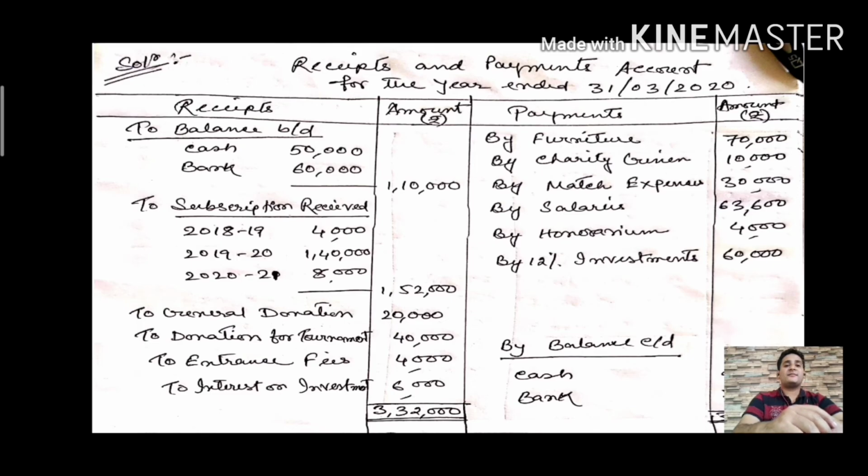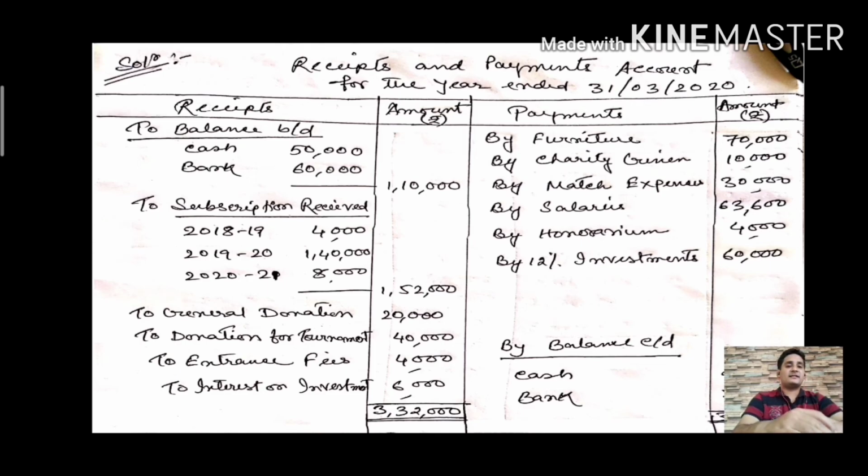Next, to subscription receipts, you have to consider previous year, this year and future year: 2018-19, 4,000; 2019-20, 1,40,000; 2020-21, 8,000. Total subscription 1,52,000. General donation 20,000 is a receipt. Donation for tournament 40,000. Entrance fees 4,000. Interest on investment 6,000.